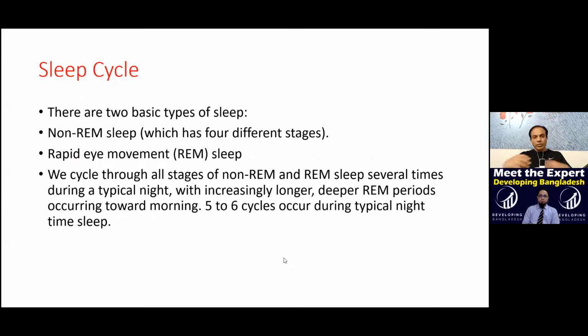During the whole night, we go from non-REM to REM, non-REM to REM, this kind of cycle, and such 5 to 6 cycles occur during our sleep. Okay. And as the sleep progresses, the duration of REM sleep increases and the duration of non-REM sleep decreases. So we'll discuss in detail.